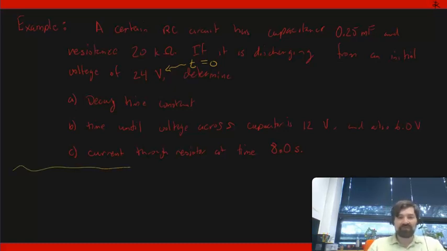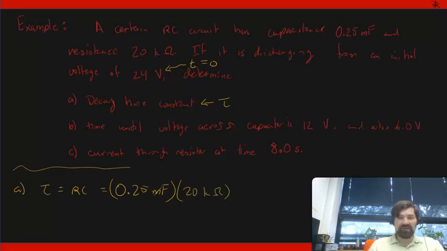Okay, so to solve those, we'll just go in turn. The decay time constant is tau. Tau is R times C. So that's 0.25 millifarads times 20 kilo ohms.